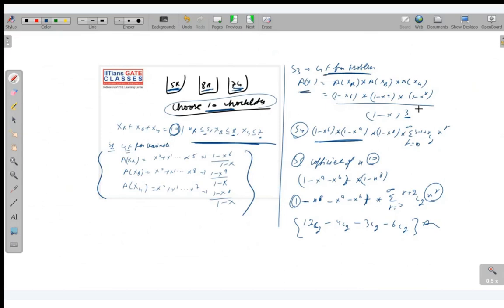I was simply multiplying them. So why am I doing these steps? I will simply write these steps. Okay, so 1 minus x power 6 into 1 minus x power 9 into 1 minus x power 8 upon 1 minus x cube. Why? Because there were four things. So directly I will imagine the generating function and multiply them. So I will do it here.